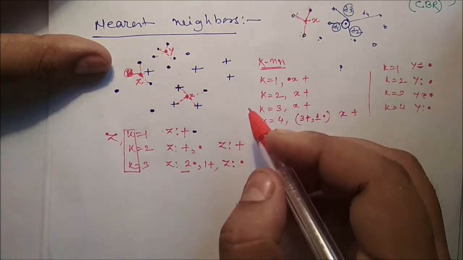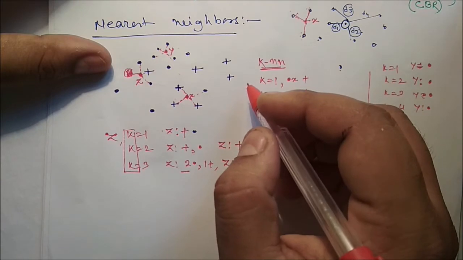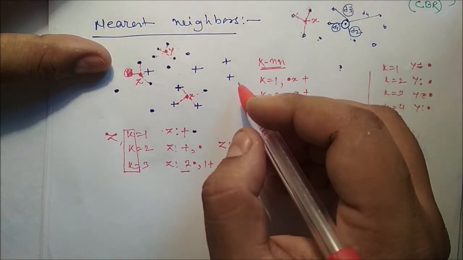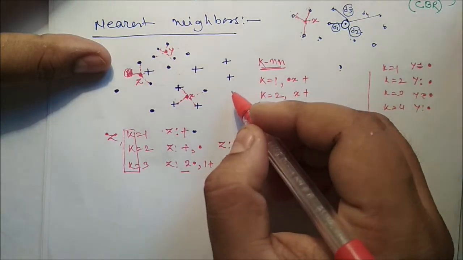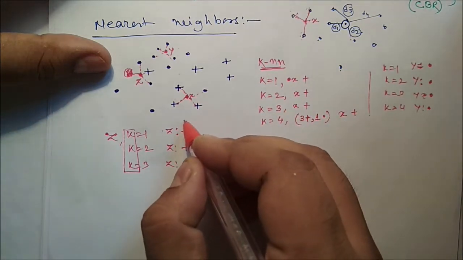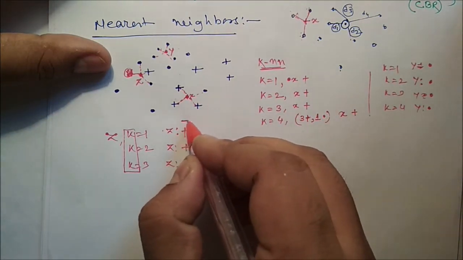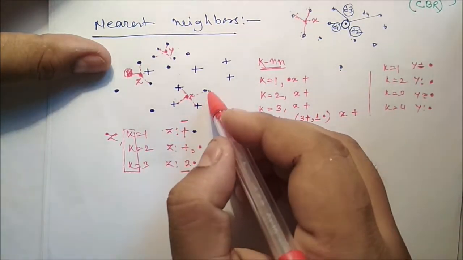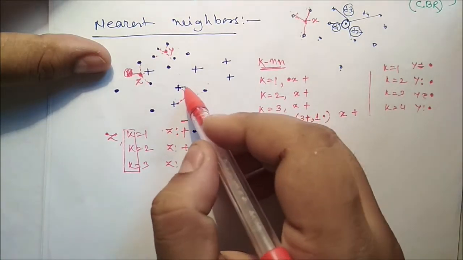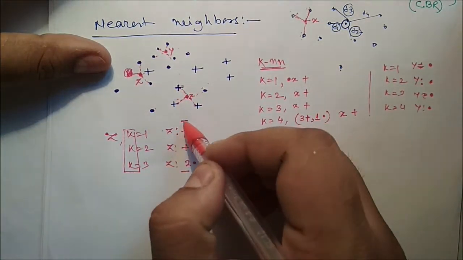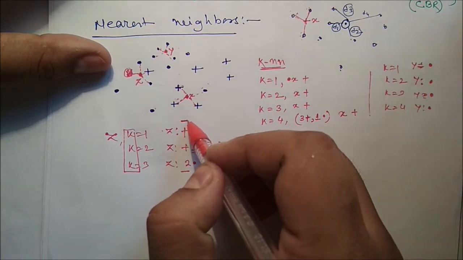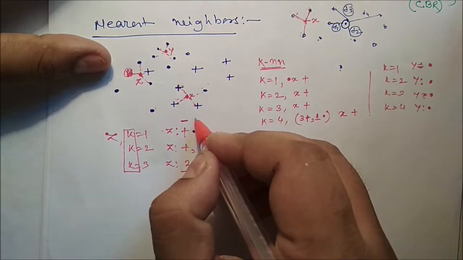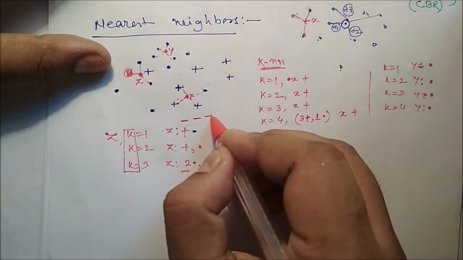Suppose for this one x, another data is there, say minus, which is not part of the neighborhood, and if you increase the k value, say 1, 2, 3, 4, 5, that means it will also include this particular minus. Suppose lots of minus are there, but they are far away.